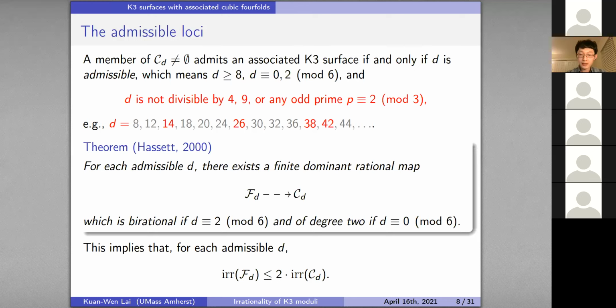So this turns the problem of estimating the degrees of irrationality of the moduli spaces of K3 surfaces into a problem of estimating the irrationality of moduli spaces of cubic fourfolds. Starting from the next slide, we are going to estimate the degree of irrationality of those C_D.